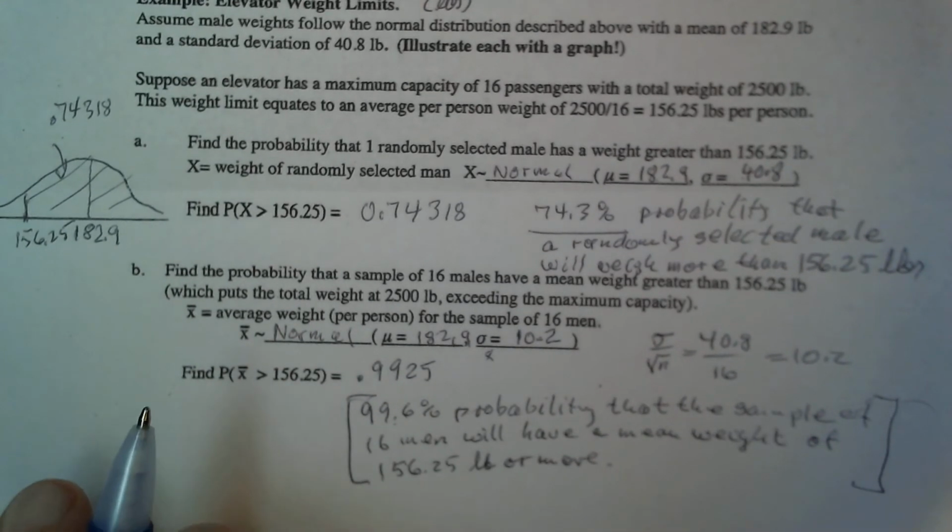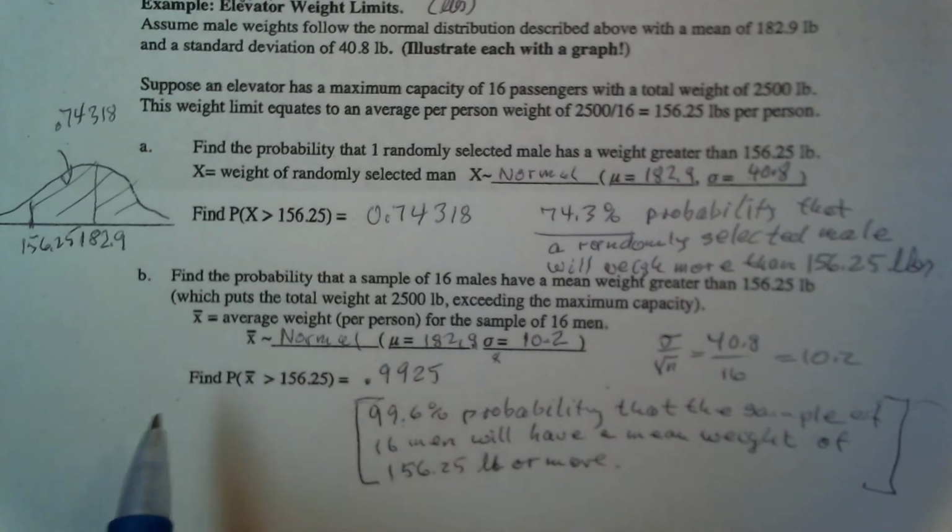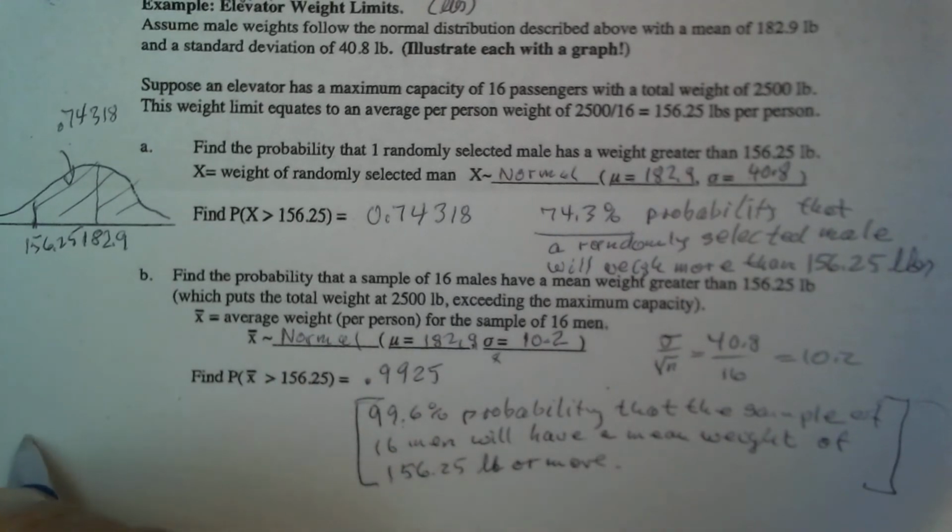Well, you can compute the corresponding z-score as shown above. So that z-score would equal the sample mean minus the population mean divided by sigma by the square root of n.